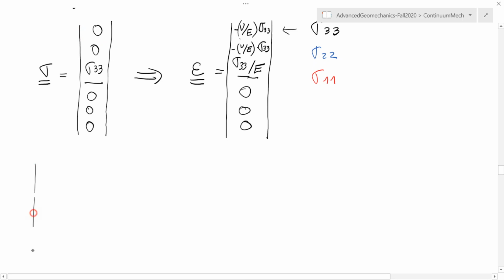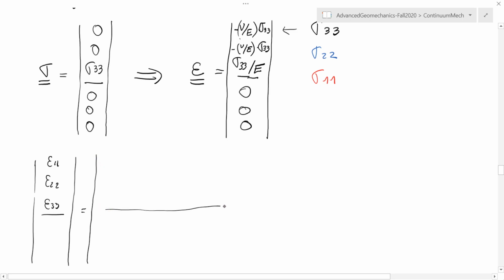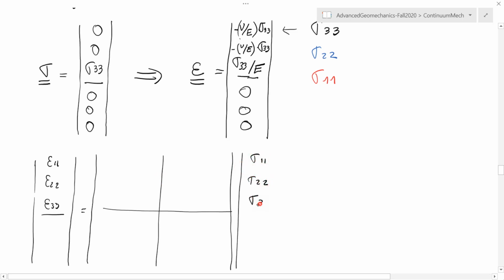In general, epsilon 1, epsilon 2, epsilon 3. Let me not write the shear strains for now. It's going to depend on this matrix, and it's going to depend on the stress tensor, written, remember, as a vector.